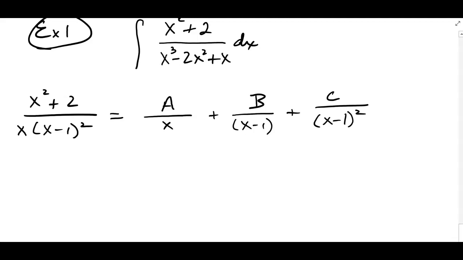What would I need to multiply the first term by to get my common denominator? Well, my common denominator is going to be x times (x minus 1) squared, right? I have the x. What do I need? I need the (x minus 1) squared over (x minus 1) squared. So that's what I need for the first term.